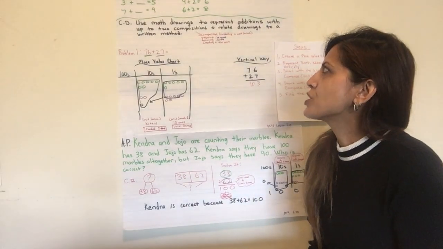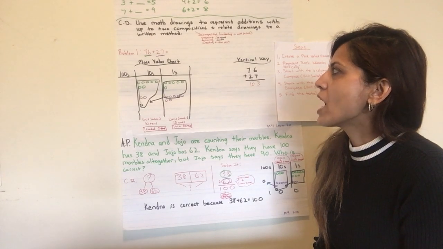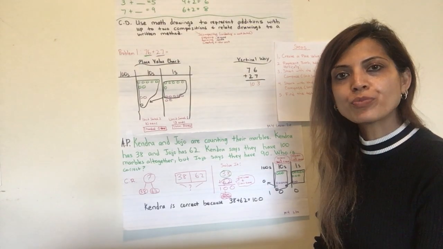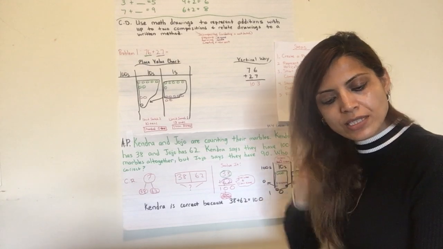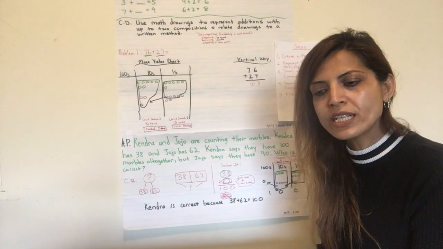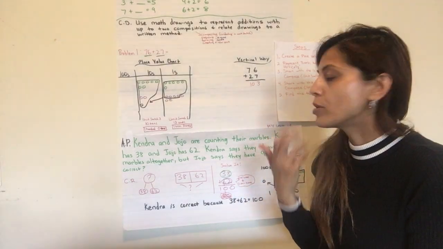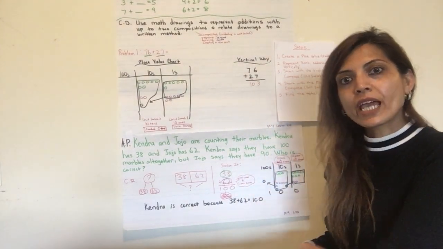Okay, so we're going to quickly start out with our fluency practice, our conceptual development, and then we are going to move on to our application problem. These past few units overlap, and it's basically building on your previous knowledge.